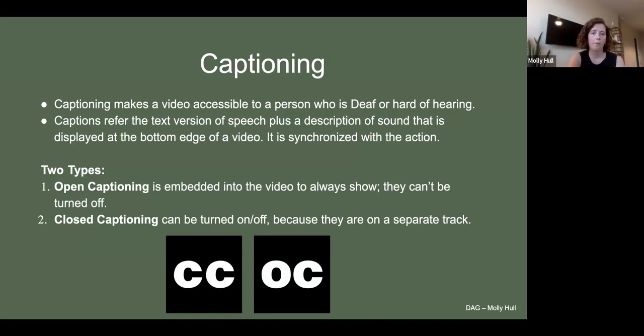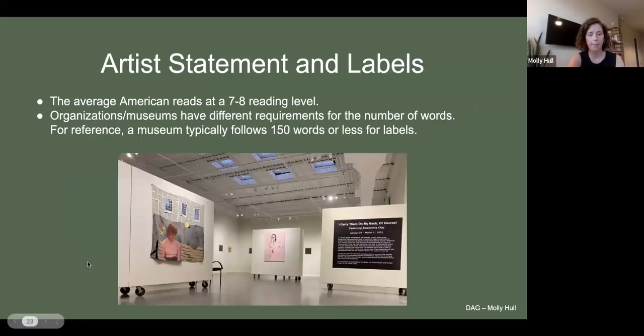And then moving out of marketing and ending with thinking through your artist statements and labels. Something that is commonly not thought about is the average reading level of Americans, and legibility and accessibility come into play here. The average American reads at a 7th to 8th grade reading level. Organizations and museums have different requirements for the number of words, but typically museums follow 150 words or less.